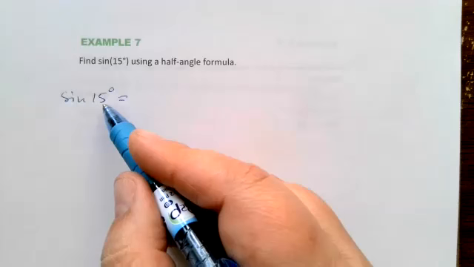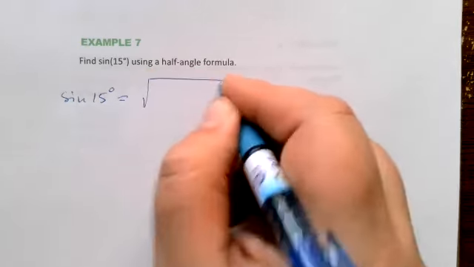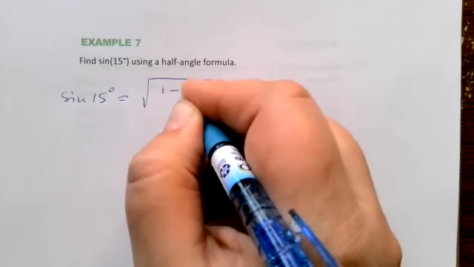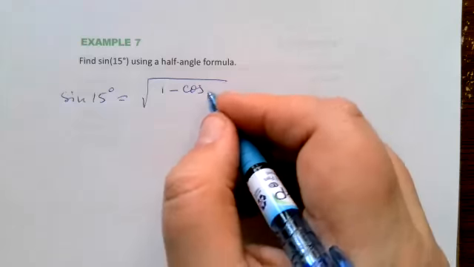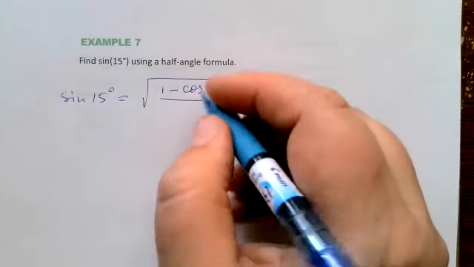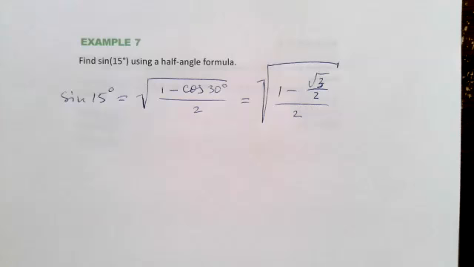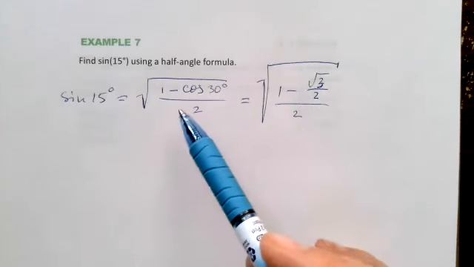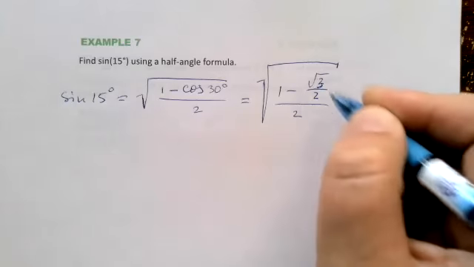And since 15 degrees is in the first quadrant, we're going to select a positive root of 1 minus cosine of our double angle, of 30, or full angle, divided by 2, right? And plugging in our information that we already know. So we know that cosine 30 degrees is square root of 3 over 2. So we plug it in.